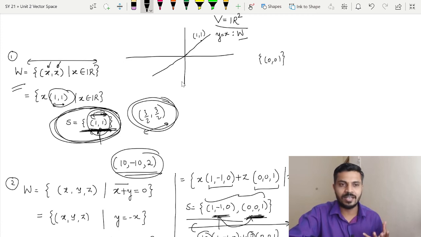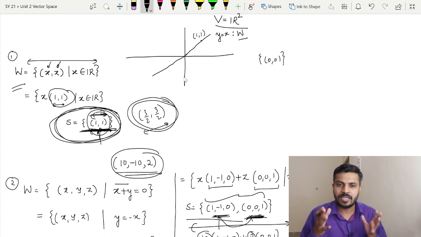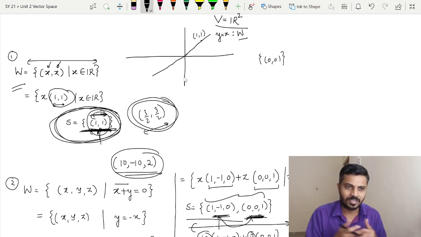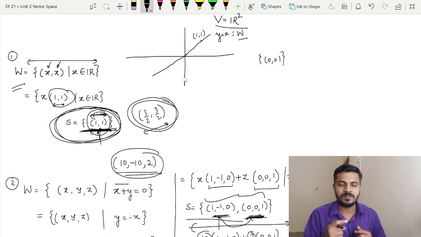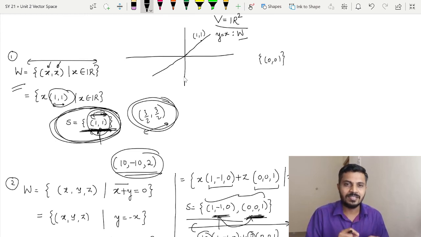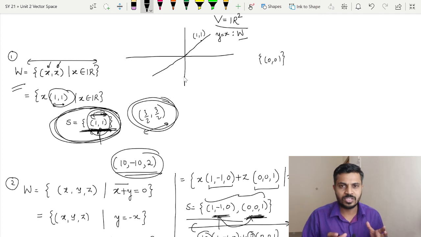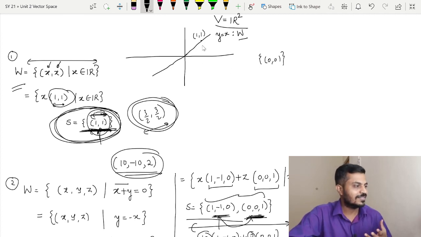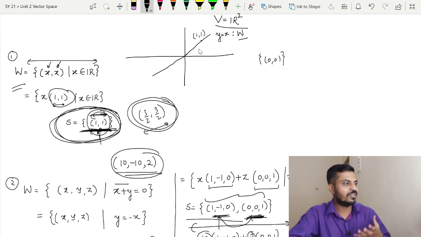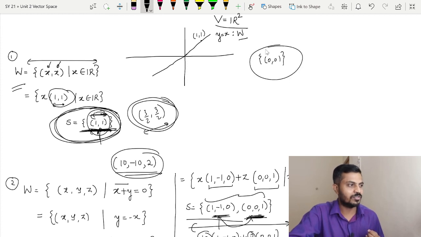Remember, W is already a line, so I want a subspace of R2 which is smaller than a line. Whenever I say smaller, it means it should be a subset of W. So do you have any other subspace of R2 which is a subset of W and which contains the point 1 comma 1? No chance, because the subspace smaller than this line will be this point only, that is 0 comma 0.